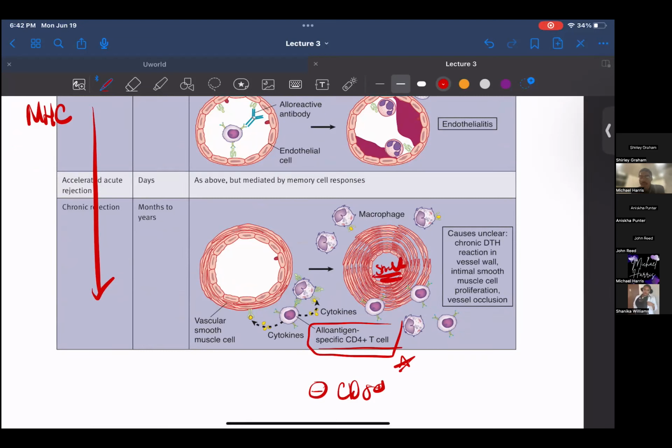And if you remember back in cardio, what happens when you make the lumen smaller? You increase pressure. And what do you do to blood flow?